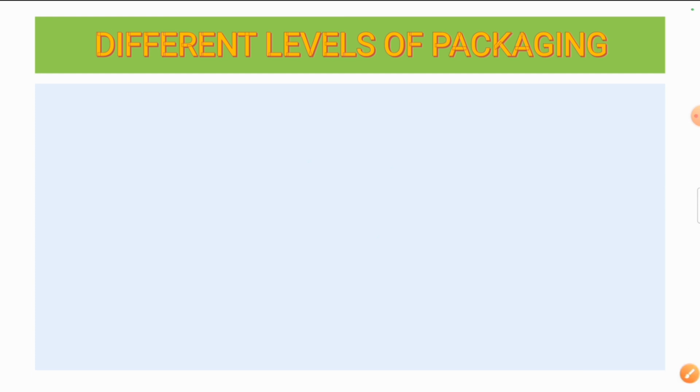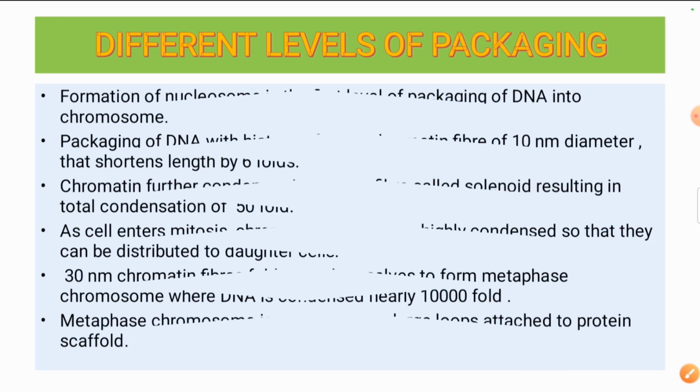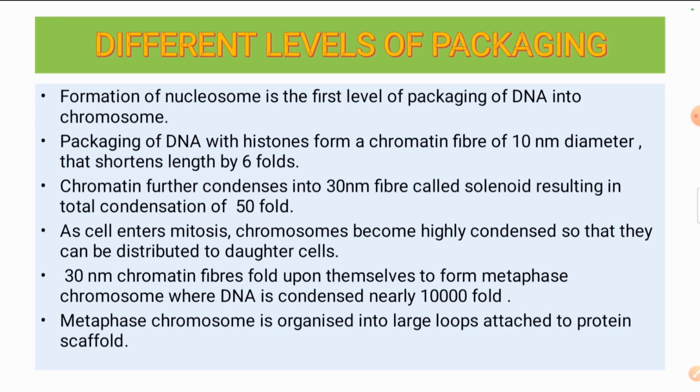Remember that the formation of the nucleosome is the first level of packaging of DNA into a chromosome. It results in the formation of a 10 nanometer fiber, which under the electron microscope appears beaded.